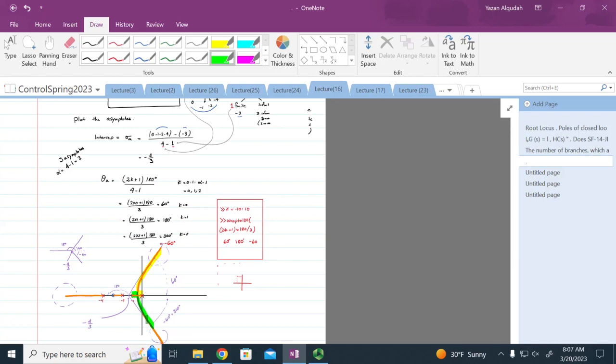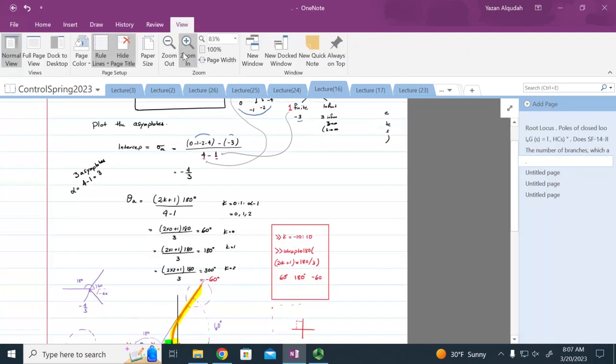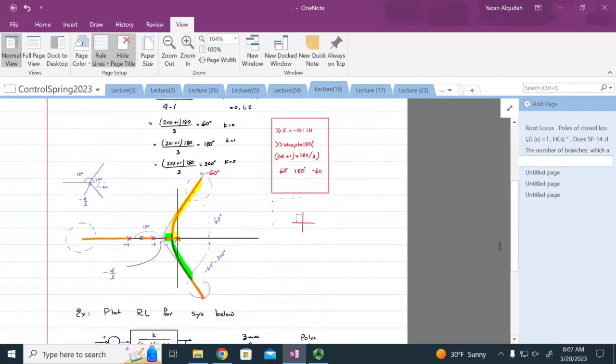This is a breakaway point because when k is very small, we're starting at the pole, and then as k gets larger, we're going to be moving, if we are at the pole that is at the left, to the right. Eventually, this branch and this branch are going to intersect with each other.